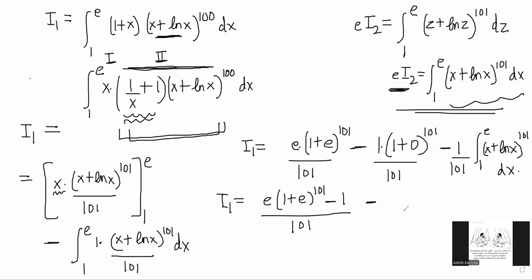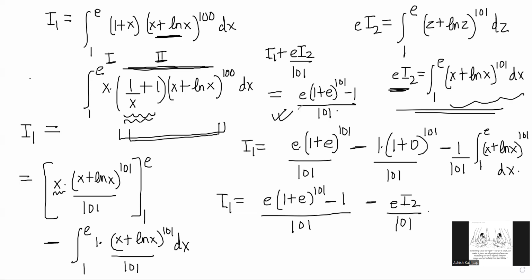I'll just take this to this side and I'll get I1 plus I2 by 101 is equal to e into (1 plus e) to the power 101 minus 1 by 101, right? And the question was asking us the value of K. The expression in the question said e into (1 plus e) to the power 101 minus K by 101. So our answer for this question is K is equal to 1.